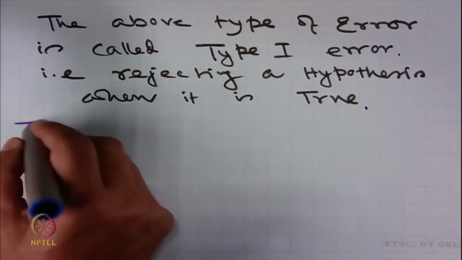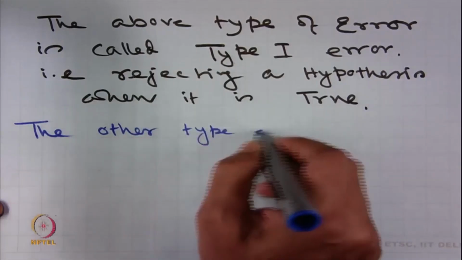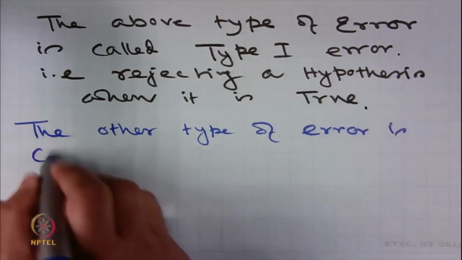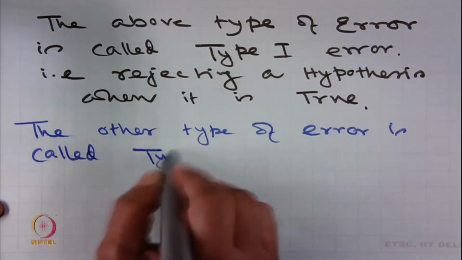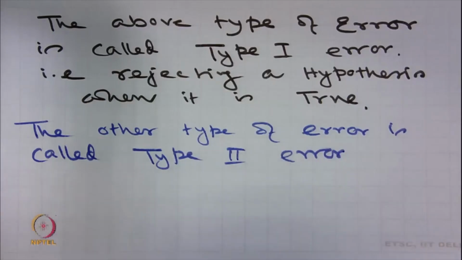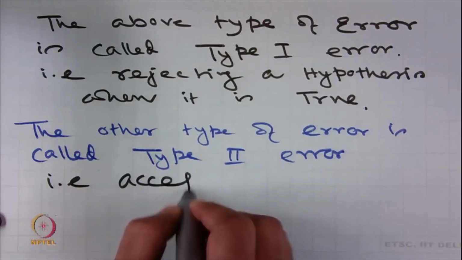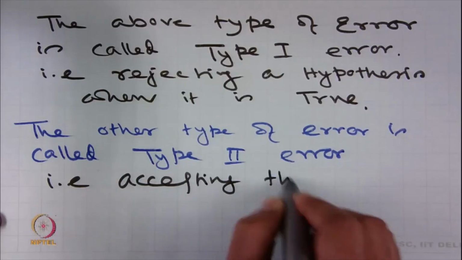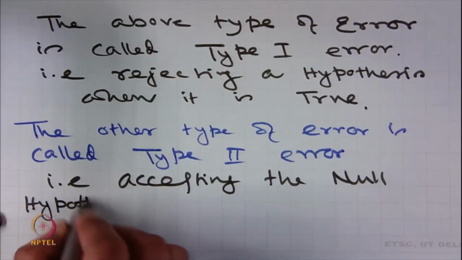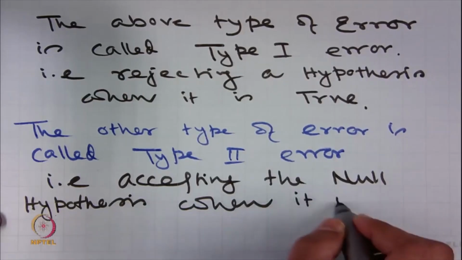The other type of error is called type 2 error, that is accepting the null hypothesis when it is false.